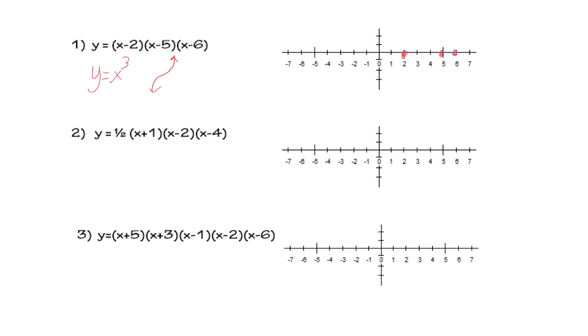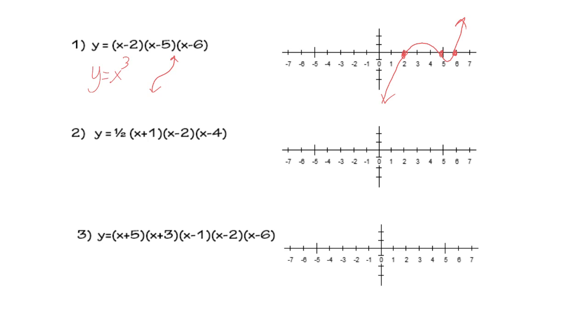So yes, my end behavior starts low and ends high, but I've got other stuff going on in there. So this is going to start low, come up here and cross at 2, then cross at 5, and then cross at 6. And then it ends high like I know an odd-powered polynomial would do.